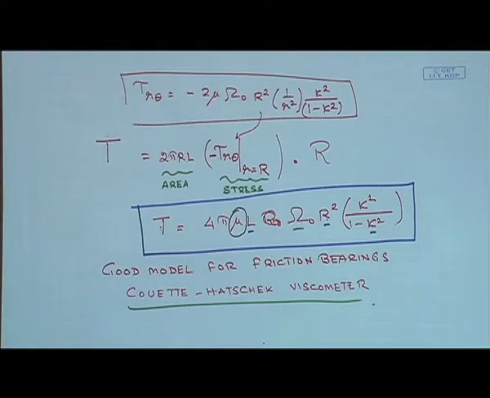Then this formula or a slight variation of it will still hold, but let us review the assumptions we made. The first and prominent assumption is one dimensional steady state laminar flow.